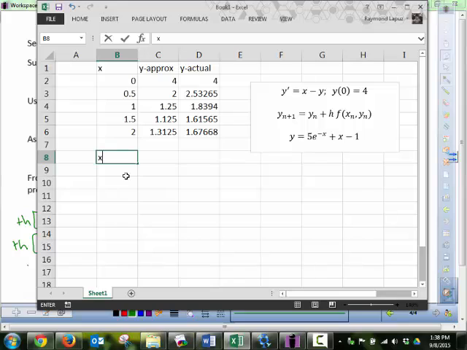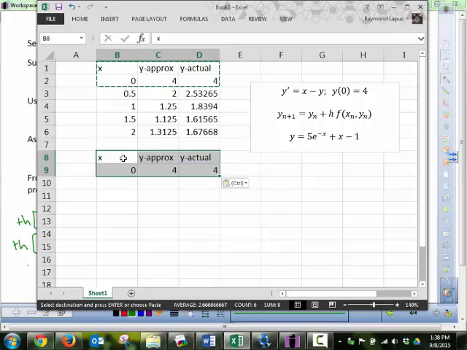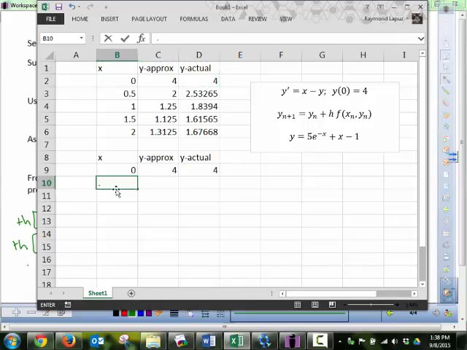So let's do another one here. And this time, let's take steps of 0.1. Or should we do 0.25 first to make it look all drama and stuff? Oh, we could just do 0.1.